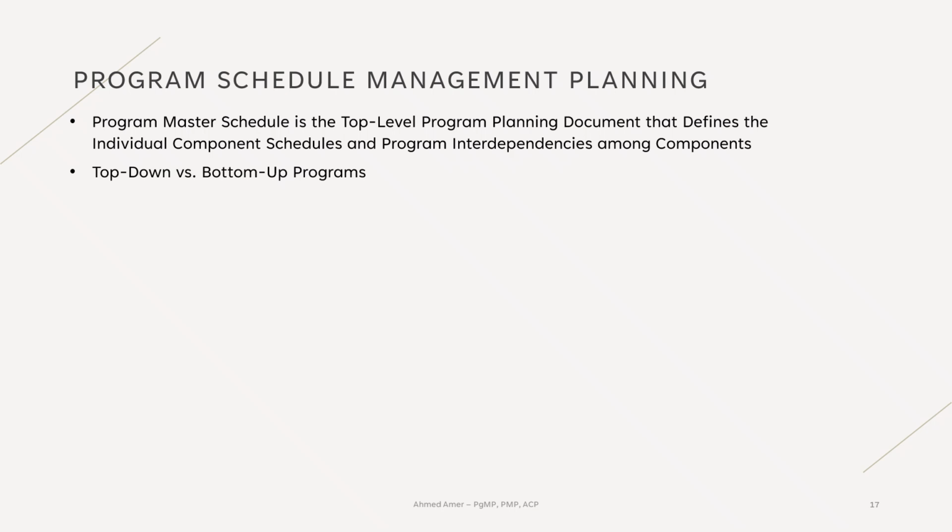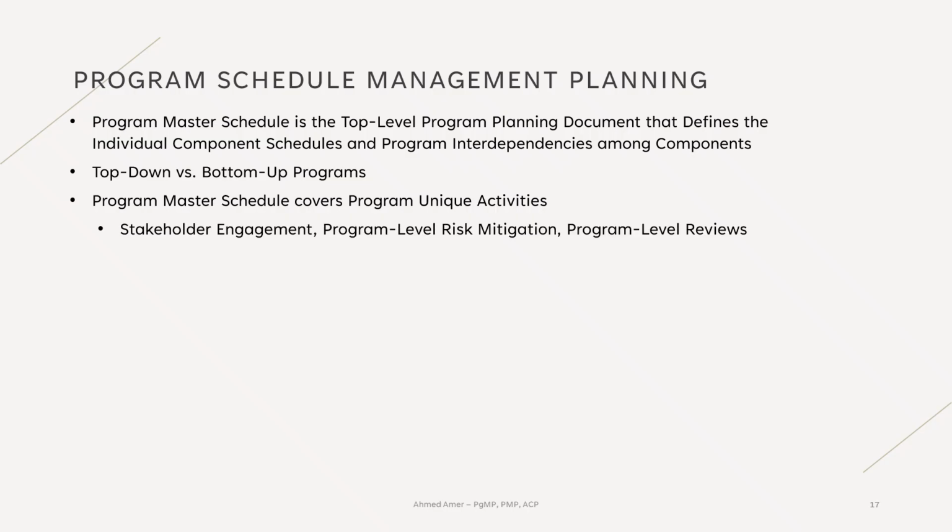The program master schedule should also include activities unique to the program, such as stakeholder engagement, program-level risk mitigation actions, and program-level reviews. As you can see, these are program-specific activities not necessarily associated with a certain component.